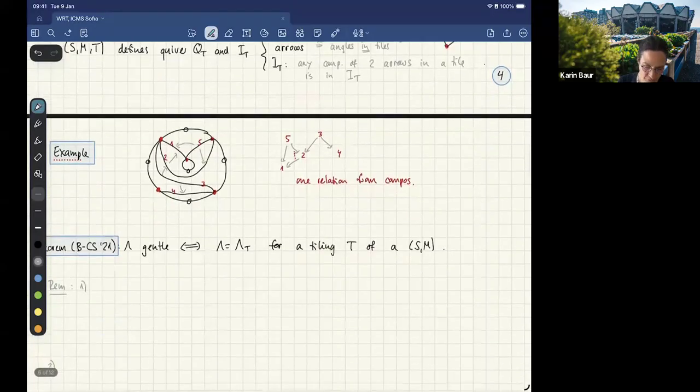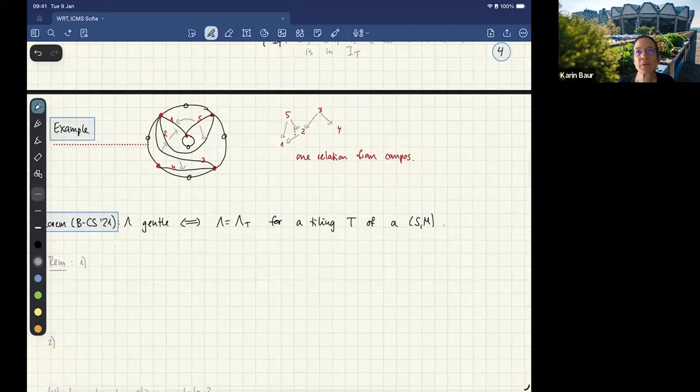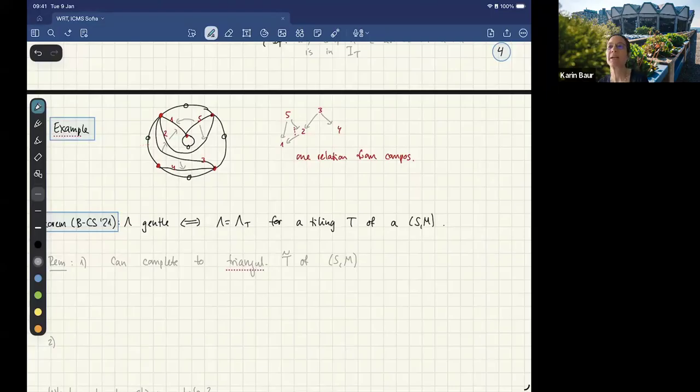Now, 2 remarks here. One is, because we assumed that every connected component of the boundary has vertices, we could complete that to a triangulation. Well, I said we could because it's a little bit complicated with the red and white points or circle points, but up to dealing with that.